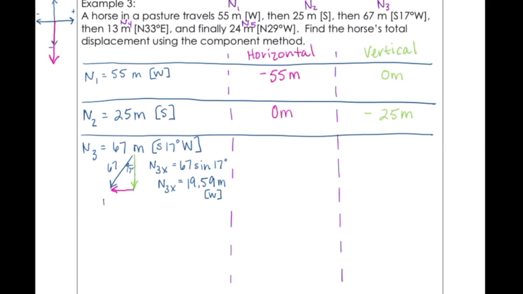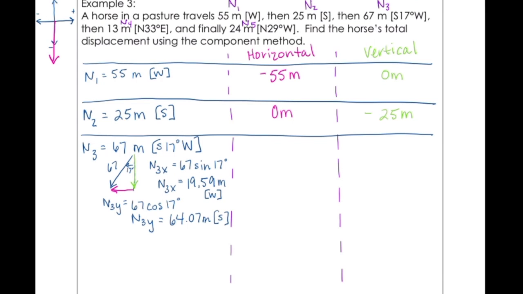Then for N3 of y, we would get 67 times cosine of 17 degrees, and we'll get that N3 of y is 64.07 meters, and it is in the southern direction.